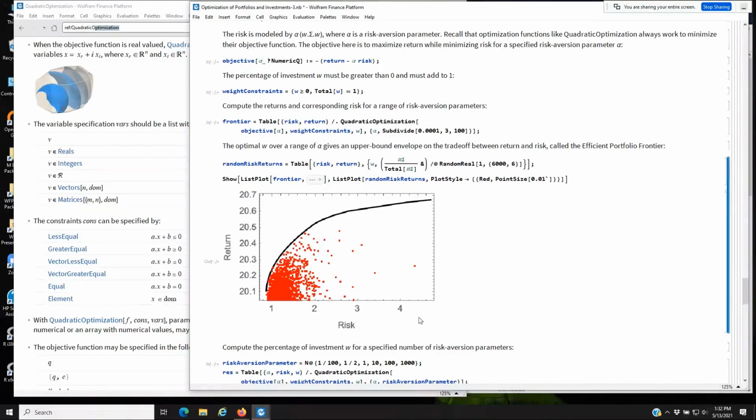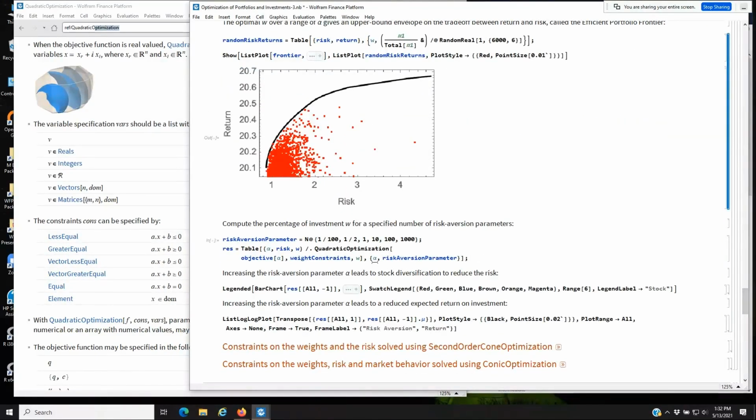So we can see that you've got this bunching here. If you want to get a very high return, you can go out to here, but your risk increases enormously. The idea is to choose some sensible payoff between the two, and the optimal choice will not lie inside here, but on the frontier.